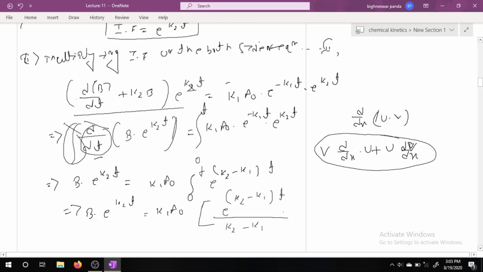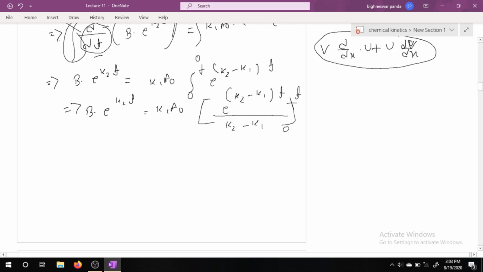From 0 to t: when we put t, we have e to the power k2 minus k1 into t. When we put 0, it means e to the power k2 minus k1 into 0, e to the power 0 means 1. So by solving the limit I can write B into e to the power k2t is equal to k1 A naught divided by k2 minus k1, into e to the power k2 minus k1 t minus 1.